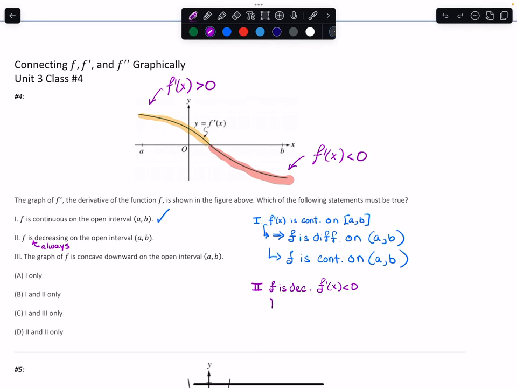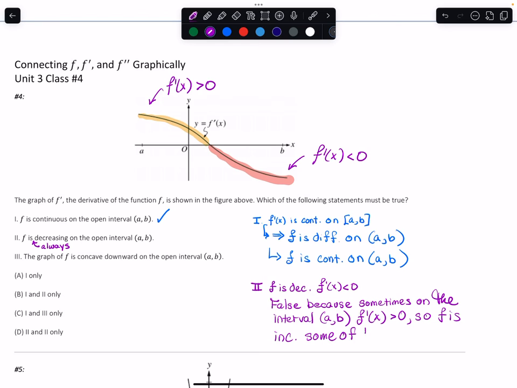But f is decreasing means f prime of x is less than 0. I would say this is false because sometimes on the interval from a to b, f prime of x is positive. So f is increasing some of the time.